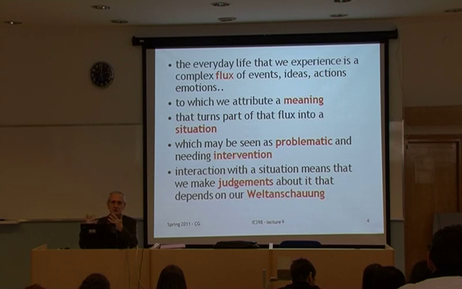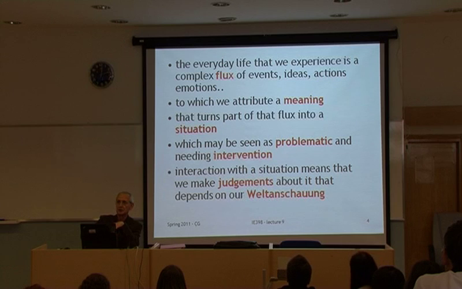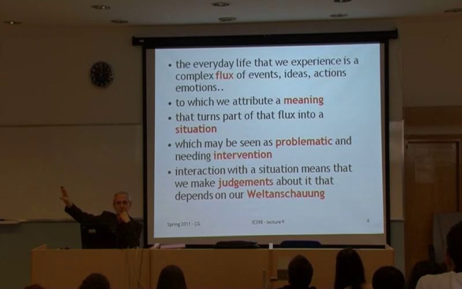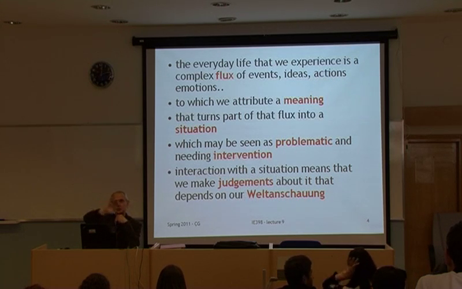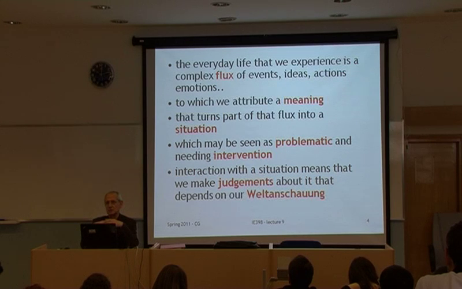When we interact with a situation, you understand the hierarchy now. There's the flux of life. You attribute a meaning to that flux. Hierarchically now we are coming down, and we create a problem situation. We perceive a problem situation.